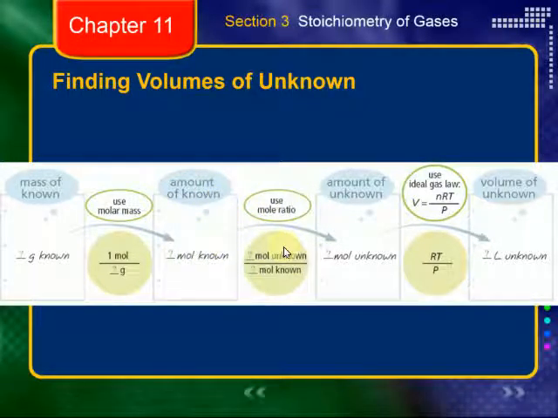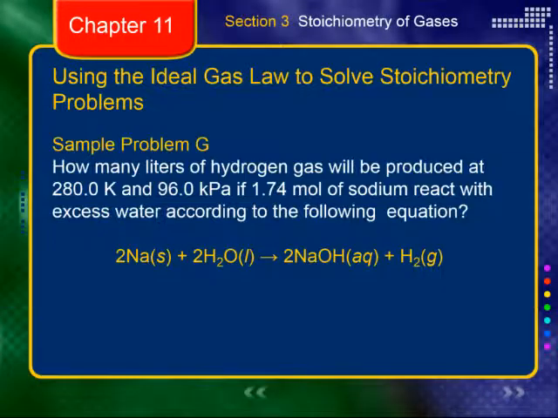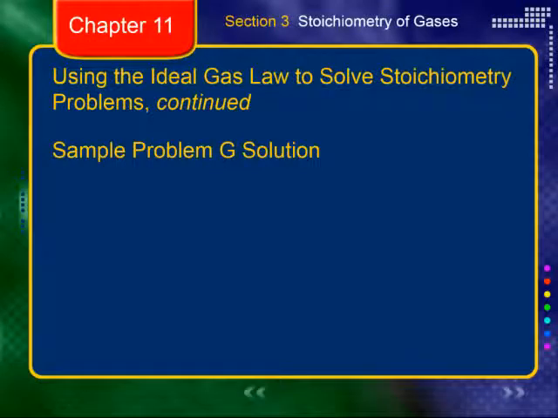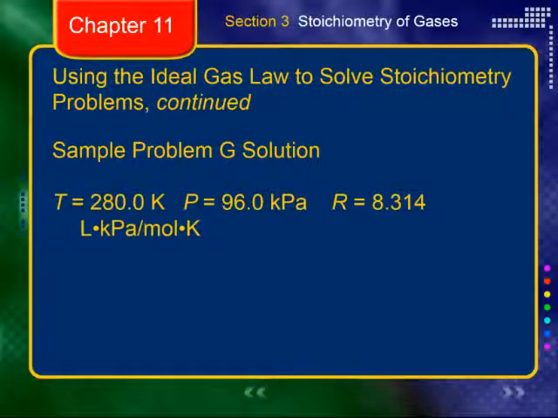So we're going to have to use the mole ratio of sodium to hydrogen to get moles of hydrogen. Then we can use the ideal gas law rearranged in this form exactly to solve for the volume of that unknown, which in this case is hydrogen. So again, this is what we know. Please press pause now to attempt your calculation.